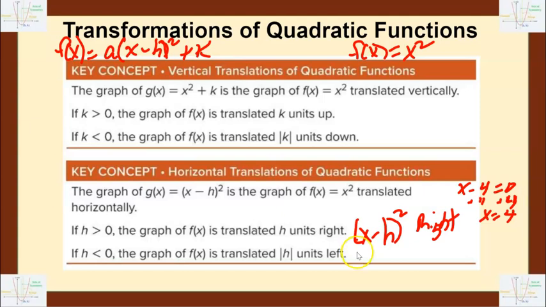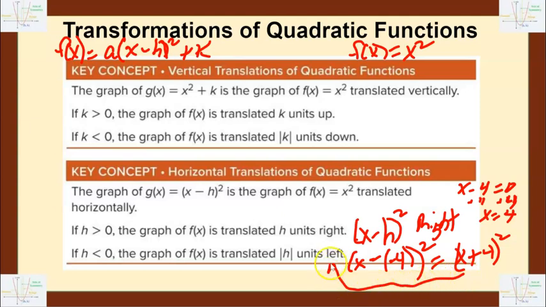When does it move left? It moves left when h is negative. So if h was negative 4, that would make this minus a negative. X minus a negative number really means x plus 4, so you're going to see it written as x plus 4. When you see inside the parentheses x plus a number, that is telling you it's moving to the left.